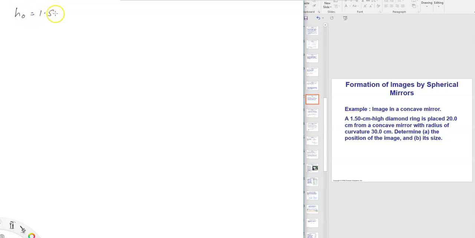HO 1.5. DO 20 cm. Radius of curvature C is 30 cm. That means F is 15 cm. It says it's a concave mirror, so F is a positive number. Determine the position of the image, its size.